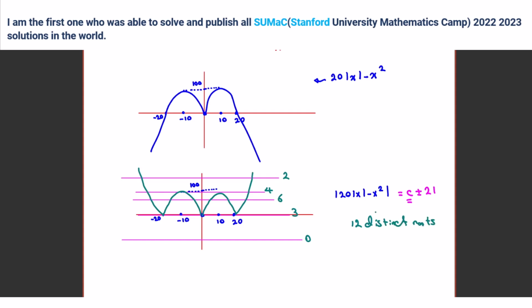Only the 6 is allowed. Both of them should be here, right? So C plus minus 21 should be at least what? At most what? C plus 21 must be less than 100 and C minus 21 is more than 0. So greater than or equal to what?